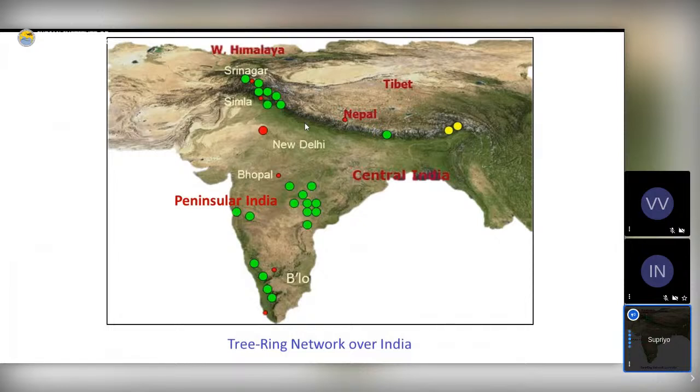This map shows the tree ring network in India. Several tree ring cores have been collected from the northern Indian region, which are sensitive to North Indian climatic events, and this belongs to the central Indian location, and several cores have also been collected from the peninsular Indian regions, which have been used by several dendroclimatologists to infer past climatic changes.